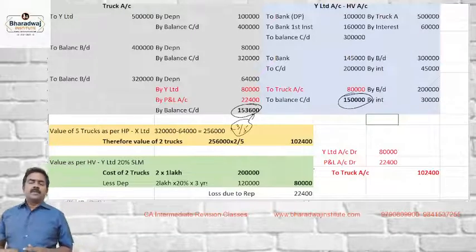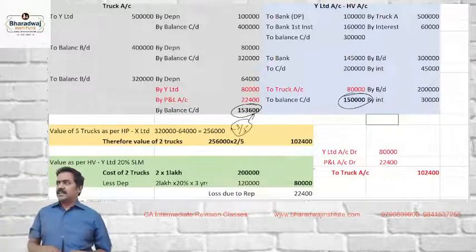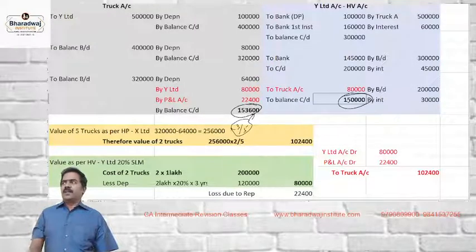So next installment will not be 1 lakh plus interest. Next installment is going to be 1,50,000 plus what? Interest you have to pay.